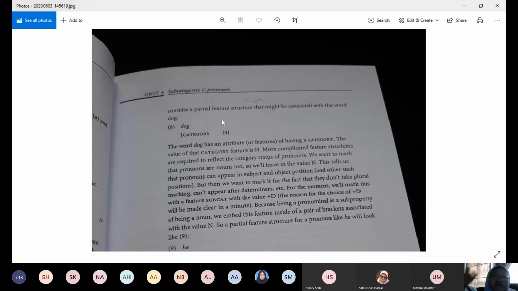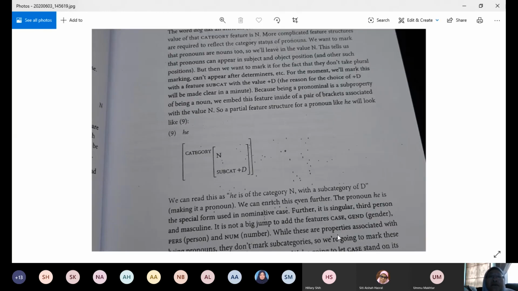So we can draw a partial feature structure like this: dog has an attribute or feature of having a category, and the category is N, which is a noun. Simple like that. And then we go on to the pronoun. Just now, by looking at the examples, we see that the pronoun and the noun are like siblings, they can replace each other.